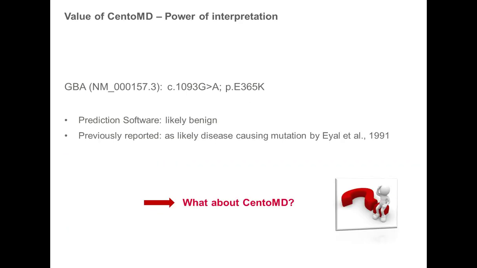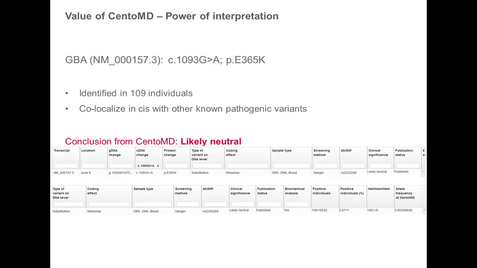Another example is this particular mutation in the GBA gene, where a prediction software said it's likely benign, but at least one published source says that it's disease-causing. So what does CentoMD say? When you type that particular mutation in, it identified 109 individuals, and some of those were co-localized in cis with other known pathogenic variants.